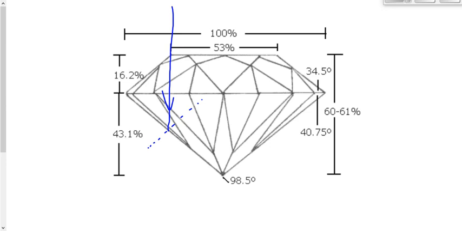Lower than it is for glass, lower than it is for cubic zirconia, which is kind of the fake diamond. It's a lower critical angle than it is for anything else that I know of because the index of refraction is higher. That means that this angle, theta 1, is not a very big angle, but because the critical angle is so small, what we might get is that angle being bigger than the critical angle.